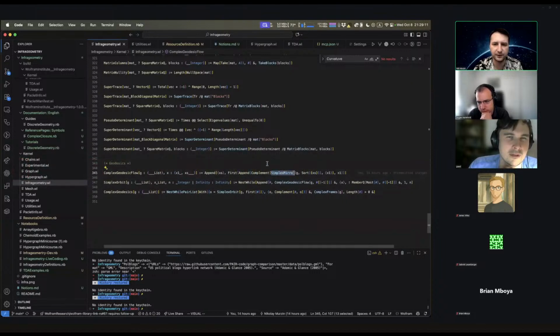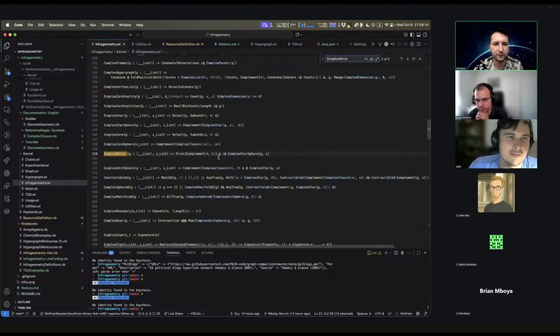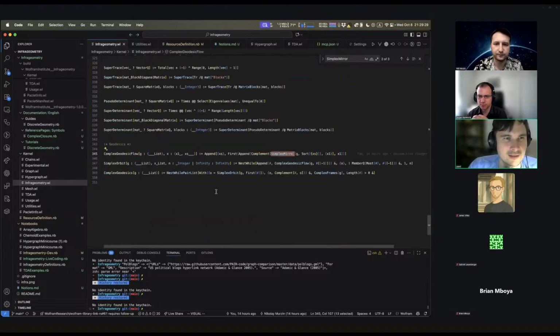The simplex mirror has some weird definition that also involves the stars. It depends on some ordering or something. So is it something we would understand theoretically, or what it actually means? Do you have any idea why this could draw such pictures as it is drawing?